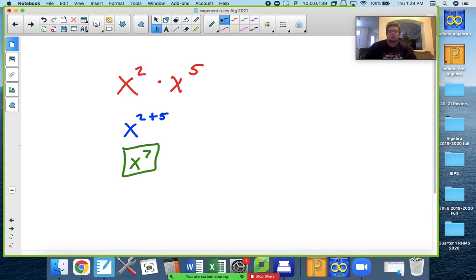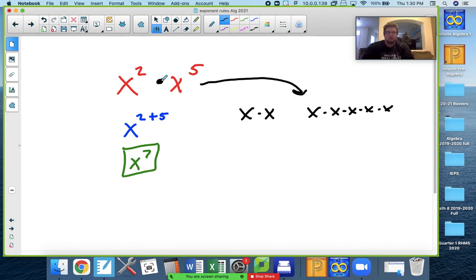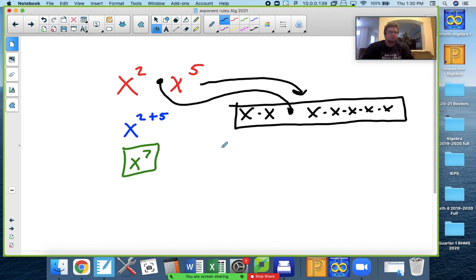Reason why the product rule works the way that it does is x squared times x to the 5th really looks like this. So that's the x squared. That's the x to the 5th. And it's really just an extension of the multiplication.